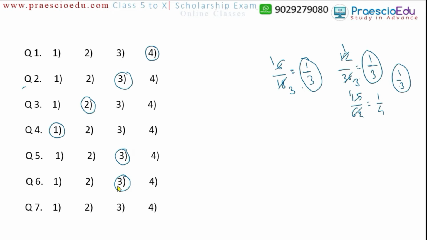Now question number 7: 248, 846, 428, and option 4, 824. In this one, if you see, each number is made by the digits 2, 4 and 8. But in 846, a 6 comes instead of the 2.